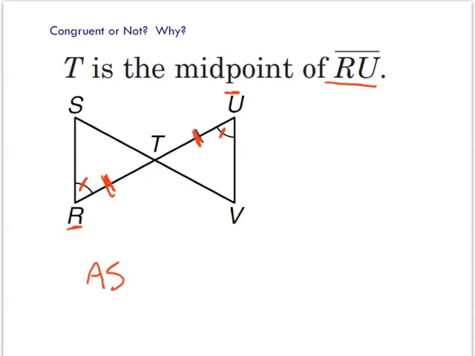We need one more pair of angles in order for these triangles to be congruent. We have intersecting lines, which means vertical angles are produced, and vertical angles are always congruent, and so that means we have angle, side, angle. And so therefore we can prove that these two triangles are indeed congruent by ASA.